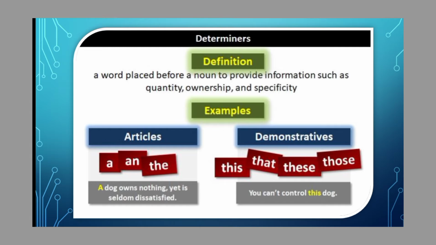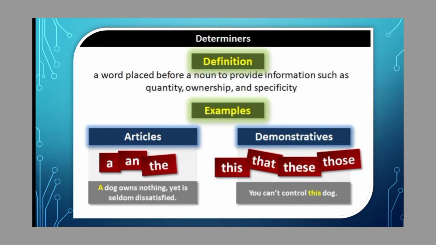So here the letter A at the beginning of the sentence is the article. You can say, here is an apple. In the sentence, an is the article.